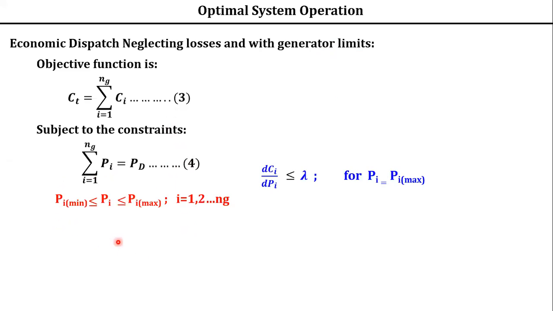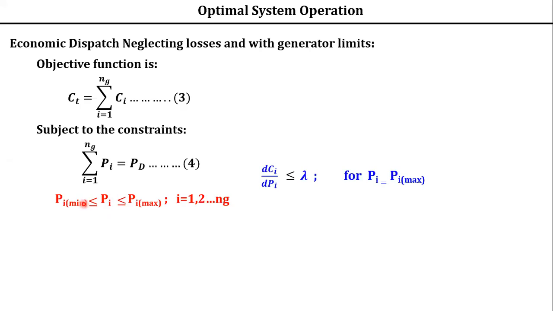Suppose you are calculating the real power generation at the ith generating plant, the ith generator. If the calculated value of Pi is below Pi minimum, suppose the minimum value, the minimum loading, is 20 megawatt, and the calculated value of Pi you got is 15 megawatt.